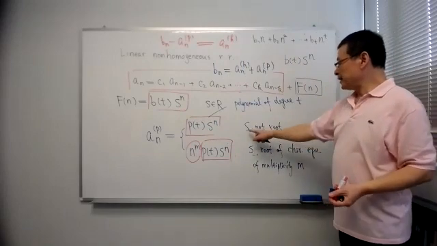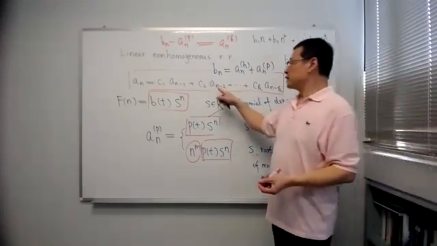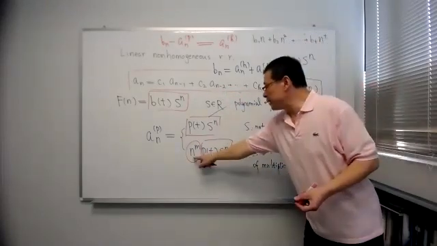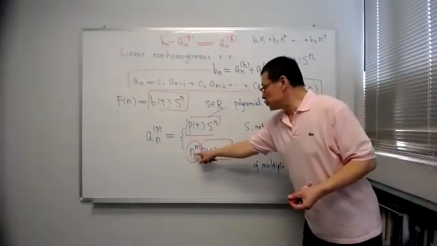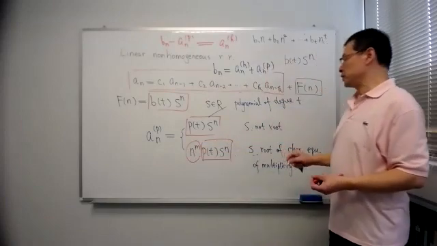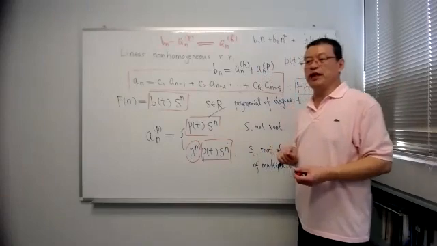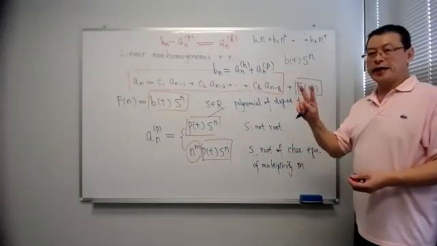Now, depending on whether s is a root of the characteristic equation, if it's a root, then this one will have n to the power m here. If it's not a root, then we don't have this term. So that's the only difference. Only two cases.